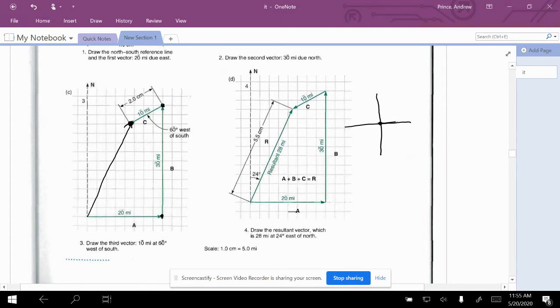So later on it's going to look something like this with the 20-mile, and then from the origin as well, you're going to have another vector from the same point. This is going to be your 30-mile, and then we'll have another vector, which is C in that other diagram, which will be something like this, and that was our 10-mile magnitude vector.